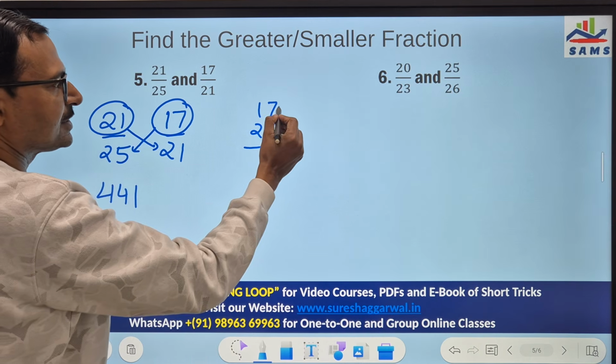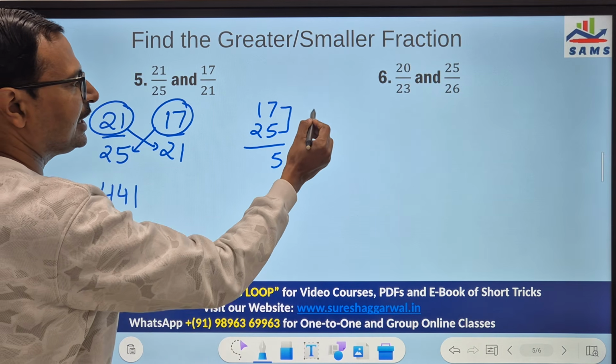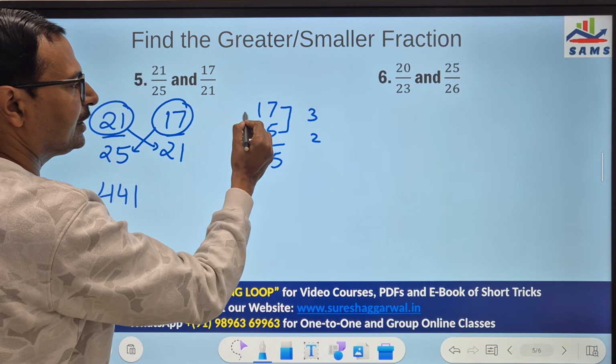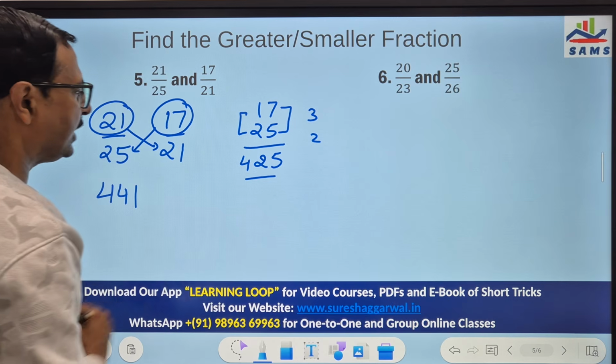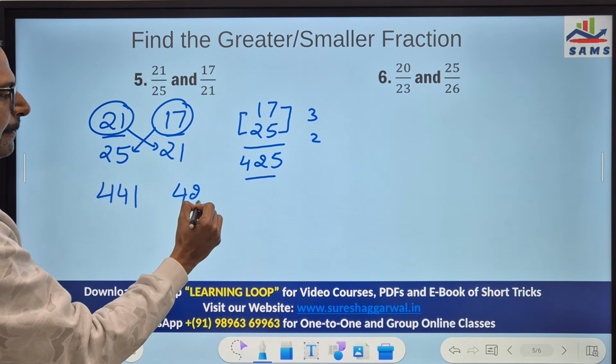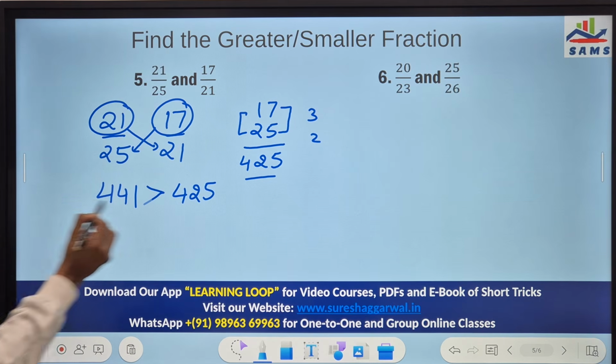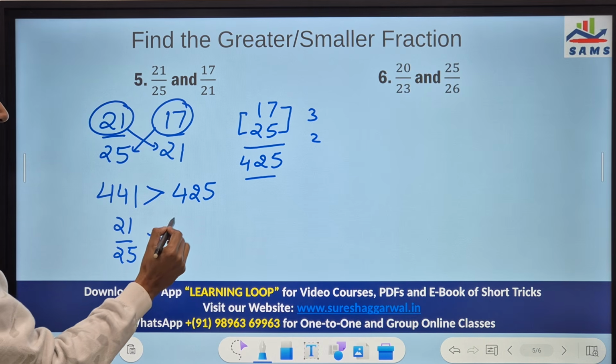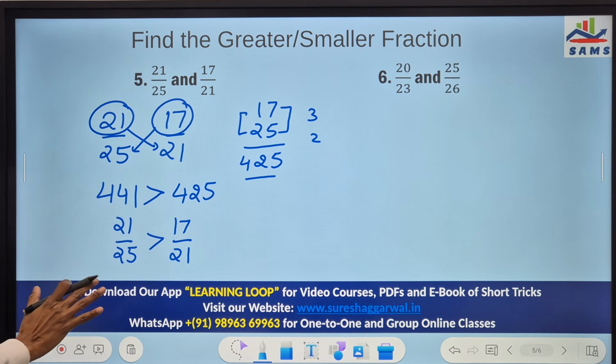Both ways it works. 7 5 is 35, 5 3 carry. This is 14 plus 5, 19 plus 2, 22, 2 2 carry, and then 2 plus 2, 4, 425. So you can see 441 is greater and therefore 21 by 25 is greater than 17 by 21.